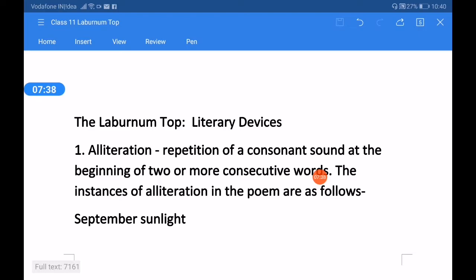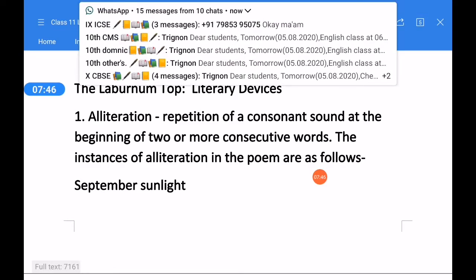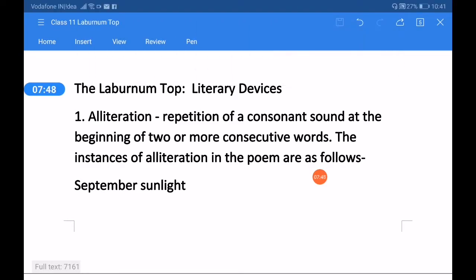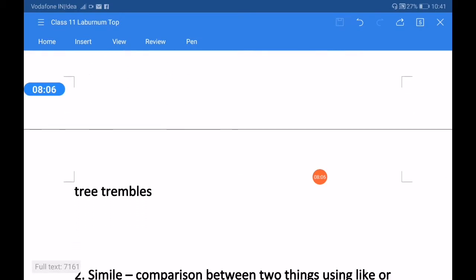Now, let us come to know how many literary devices, it means figures of speech, have been used over here by the poet. Number 1, alliteration. Repetition of a consonant sound at the beginning of two or more consecutive words. The instances of alliteration in the poem are as follows: September sunlight, tree trembles.